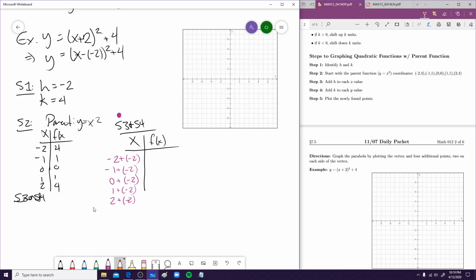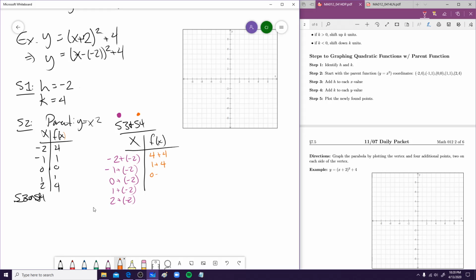Right? And then f of x, I'll just do it in orange. Make sure I got this correct width. And so now for step 4, I'm going to add k to each y value. So I'll keep it the same. My left column will be my y values, and then I'll add my k's. So plus 4, and then this is 1 plus 4.